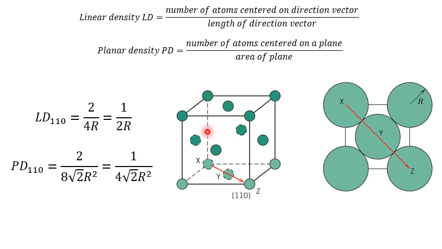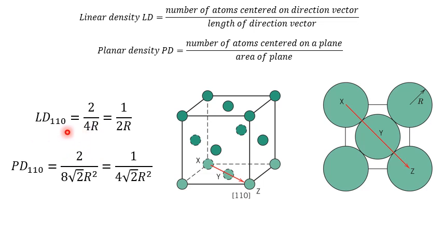Thus the number of atoms is 2. This is divided by the length of the direction in terms of R. So we've got 2 R's here, plus 1 R here and 1 R here. Thus the total is 4 R's.